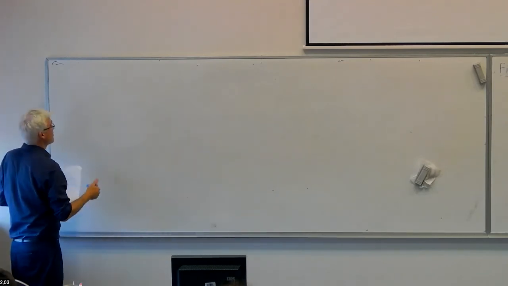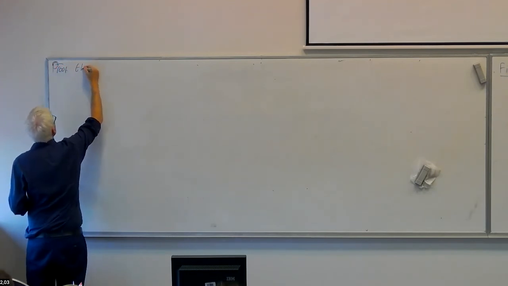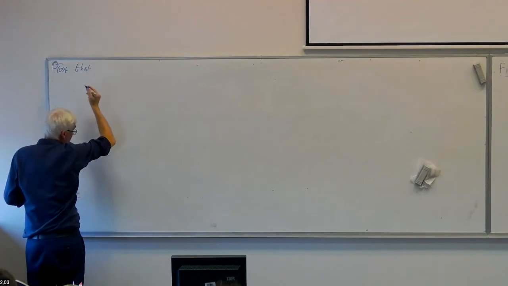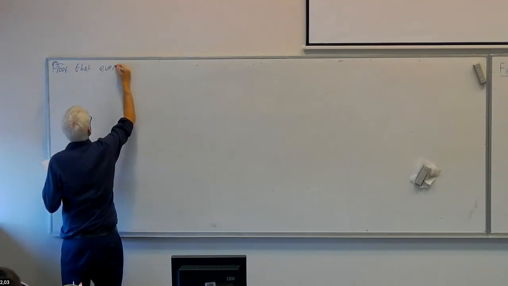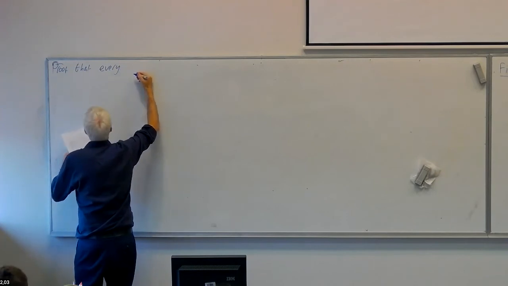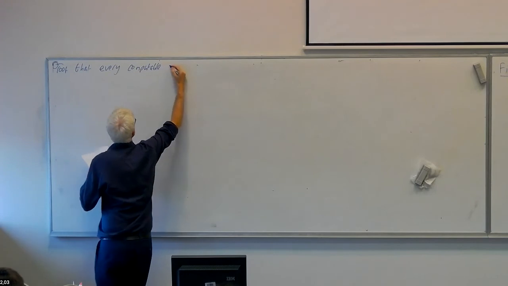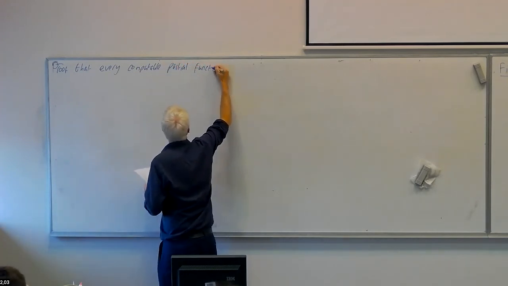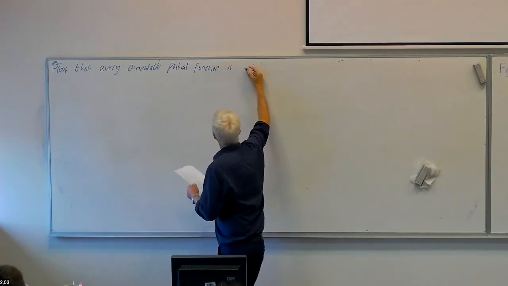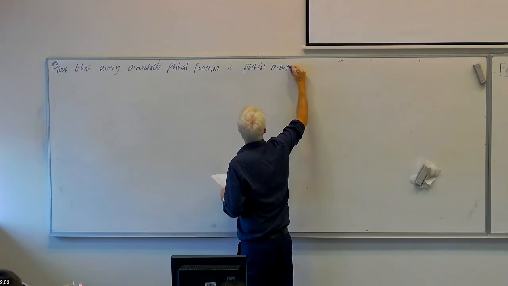So what I wanted to prove, by which I mean, of course, an outline proof, but anyway, just to have an appreciation of how it works, is that every computable partial function is partial recursive.